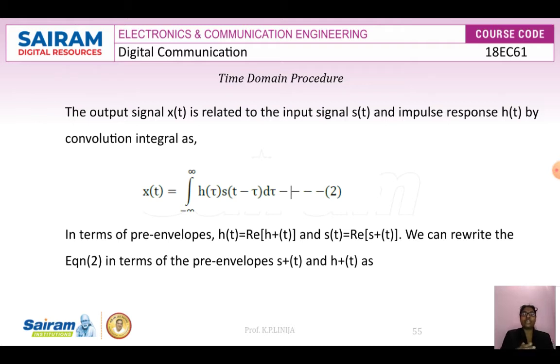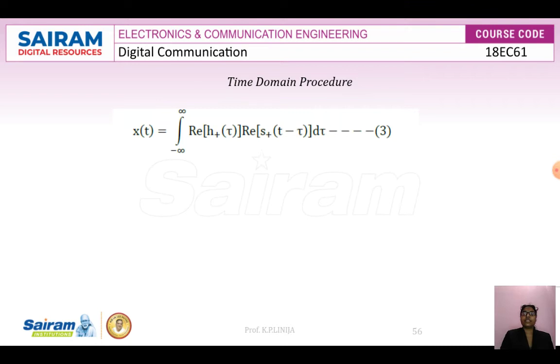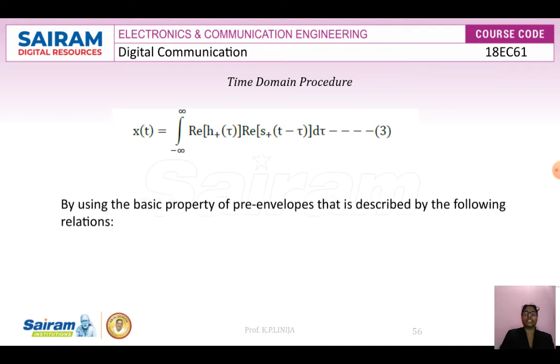And we can also rewrite this convolution integral expression in terms of the pre-envelope as follows: x of t is equal to the integral from minus infinity to infinity of the real part of h plus of tau into the real part of s plus of t minus tau into d tau.